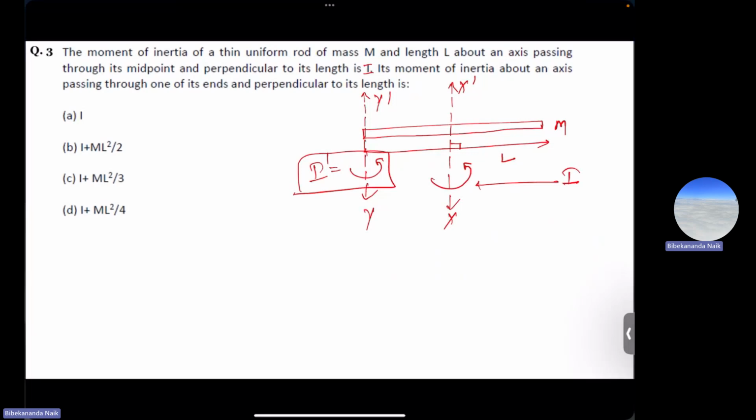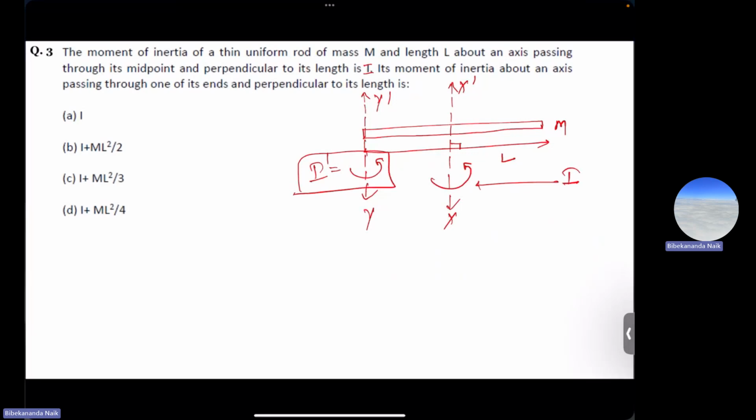The theorem of parallel axis says the moment of inertia of a body about any axis is equal to the sum of the moment of inertia about a parallel axis through the center of mass and the product of mass and the square of the distance between the two axes.